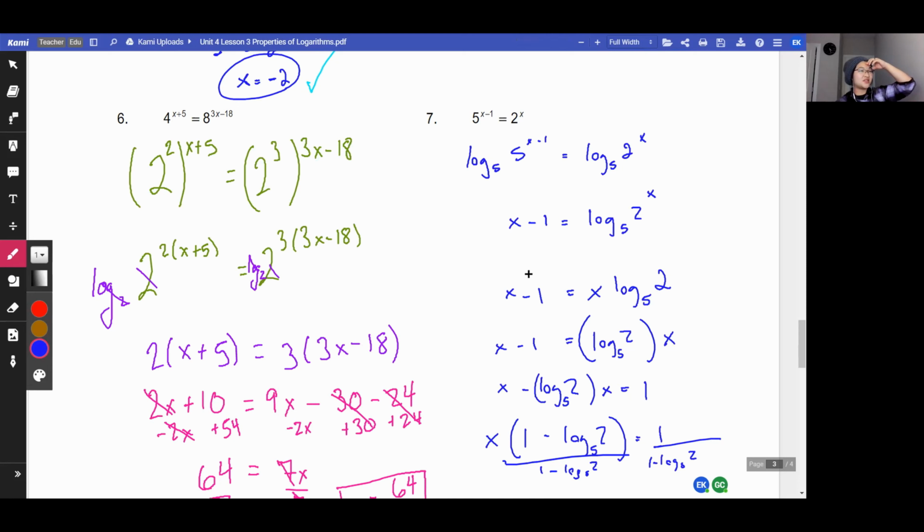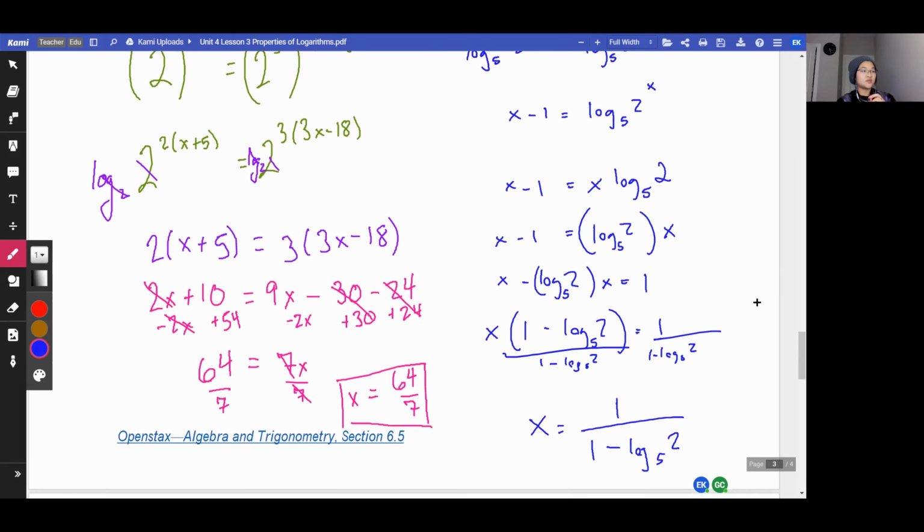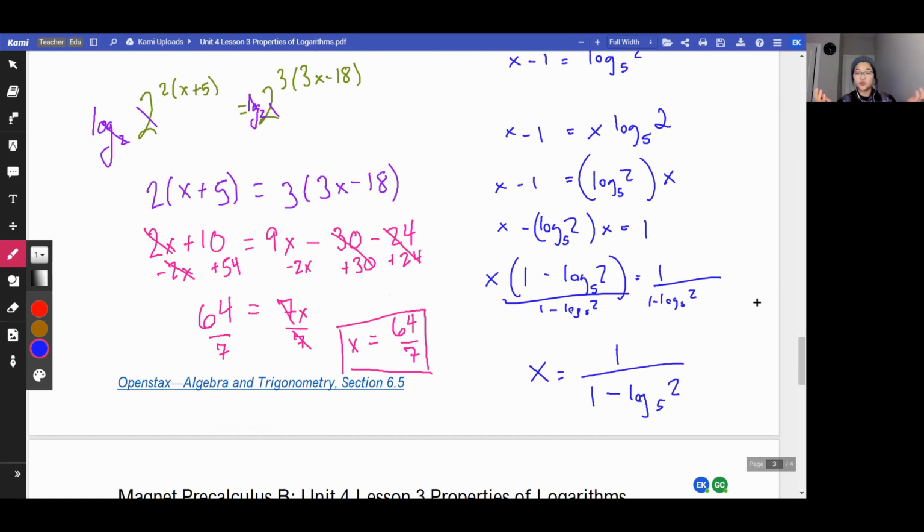So yeah, you used some logs on the left, log base 5, which is nice, and then you brought down the x, which is in the exponent for the 2. That seems legit. Now you have x minus 1 equals x times log base 5 of 2. And log base 5 of 2 is just some number. 5 raised to whatever power equals 2, something small.